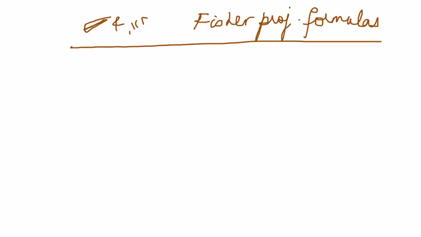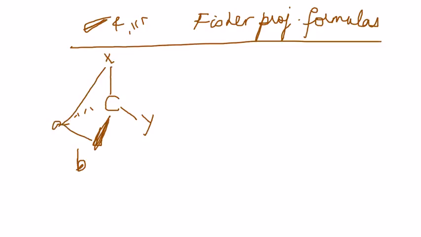And so in that case, you should know first off how to convert your wedge and the dash into your Fisher format. So let's say this is your tetrahedral. You would have to view from the side.